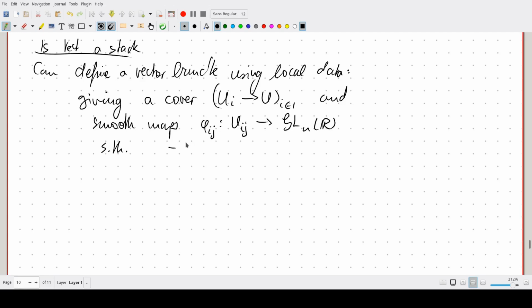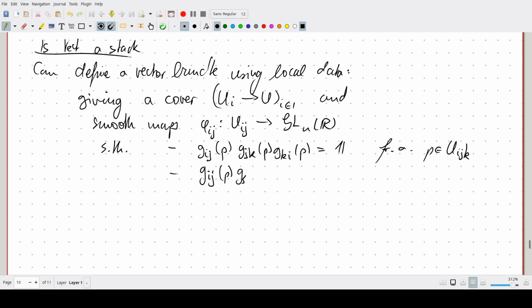now we again have our famous cocycle condition, we have g_ij(p) times g_jk(p) times g_ki(p) is the identity matrix for all p in U_ijk, and we have g_ij(p) times g_ji(p) being the identity matrix for all p in U_ij.